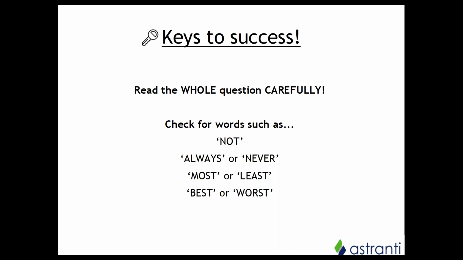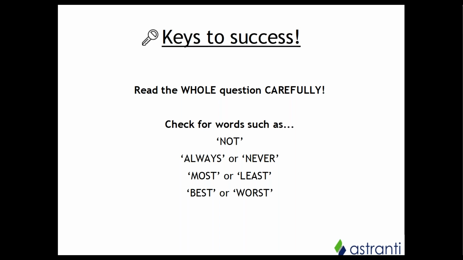And also look for words like most and best, or least and worst, because at the operational level, often you might have been given a question with 4 options, and one of them is correct and 3 are clearly not correct. It's not difficult to identify that those are not correct.